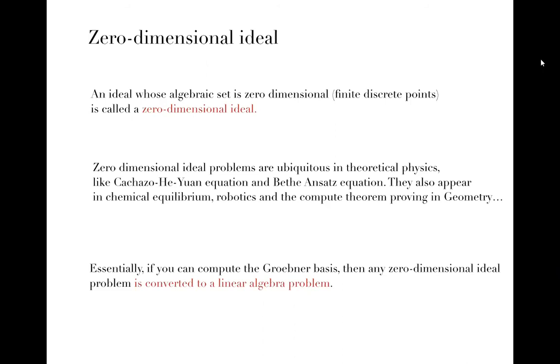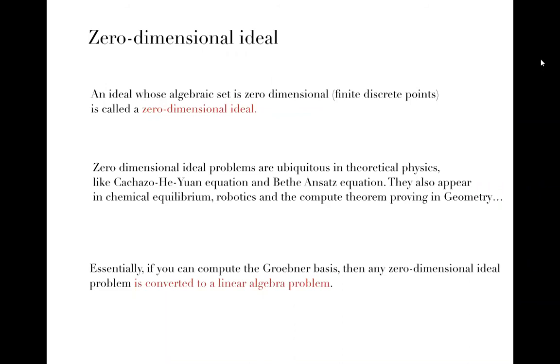So we talk about the situation where we have one ideal, and the algebraic set, the solution set, is zero-dimensional. That means a finite number of points. This is also quite a common case in physics. For example, if you solve the CHY scattering equation, then of course you have something like this. If you solve the Bethe ansatz equation in the correct way, you also get a finite number of solutions. Also in string theory, in many cases, if you find the superpotential, you find a finite number of solutions.